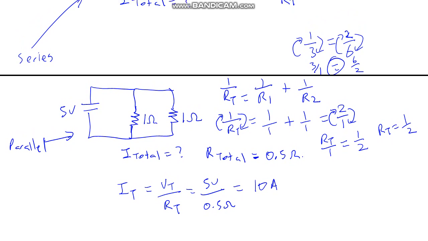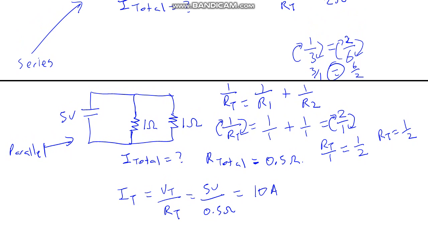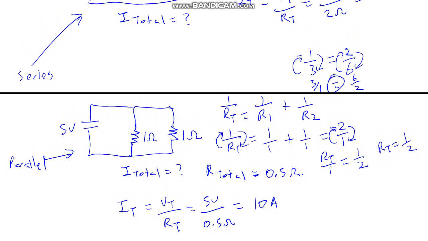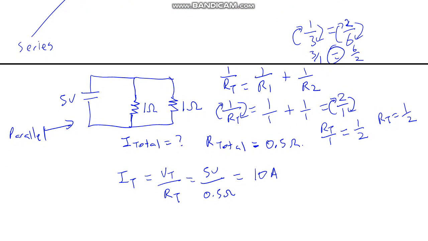And now that you know the I total as 10 amps, you can figure out the current that you're going to have individually. So let's call this R1 and let's call this R2. They're 1 ohm each. So now we can figure out the current in each of these paths.